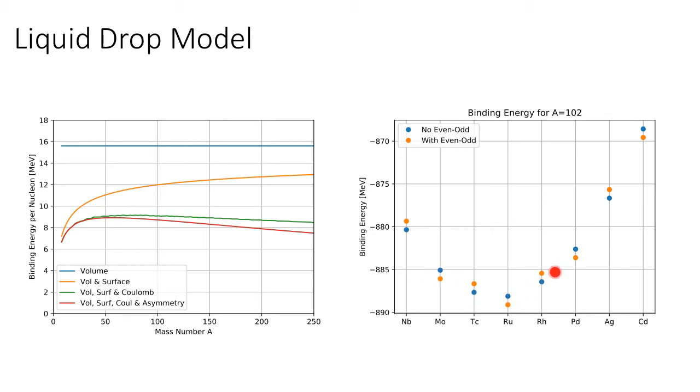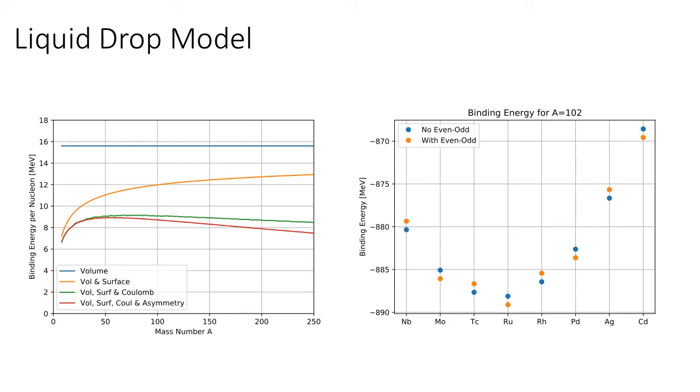The blue points don't have the spin effect, and this is just a quadratic effect. In this case, you would predict that ruthenium would be the most bound element with an atomic mass of 102 u. Then as you go to the side, rhodium and palladium and silver and cadmium become less bound with this number of nucleons. And likewise, if you go to the other side, you become less bound.